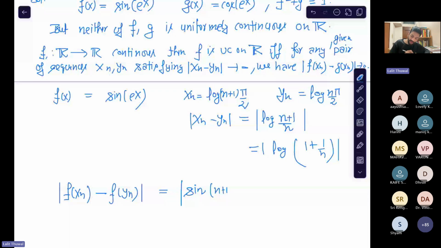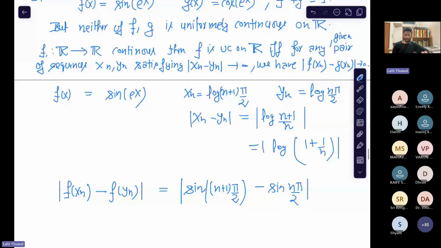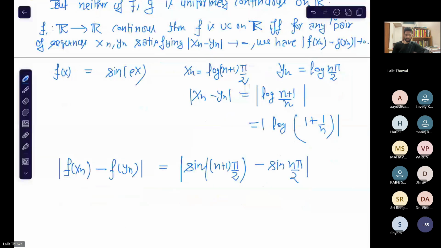So what do you think about this sequence? Does this go to 0? The functional sequence. What do you think?